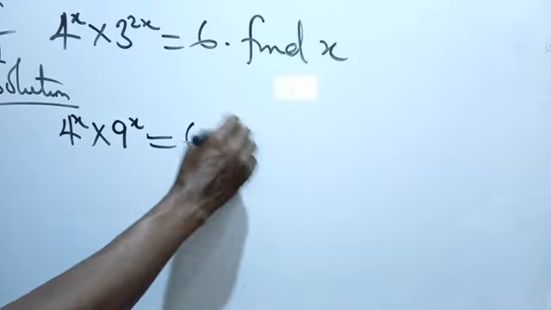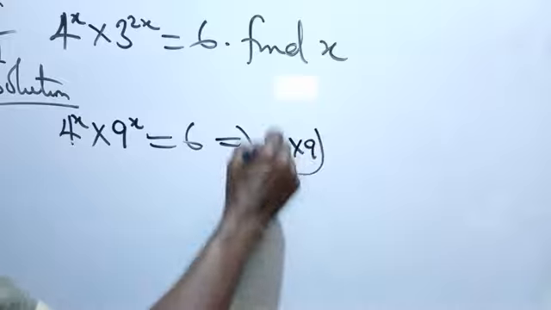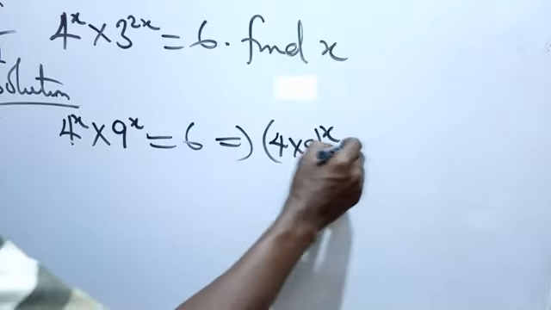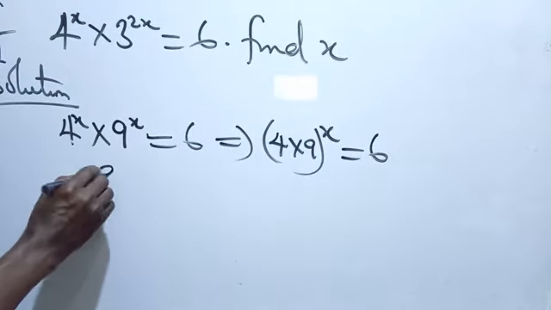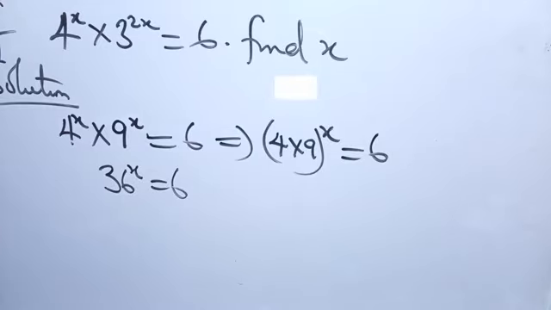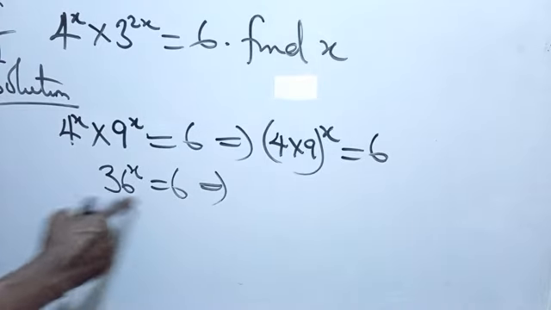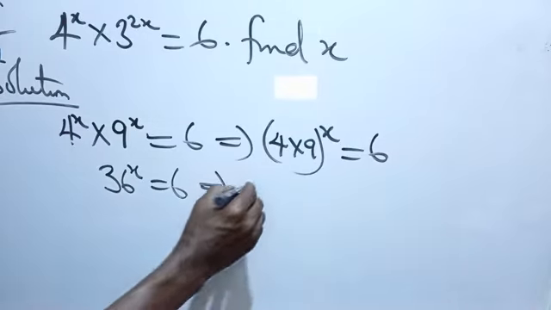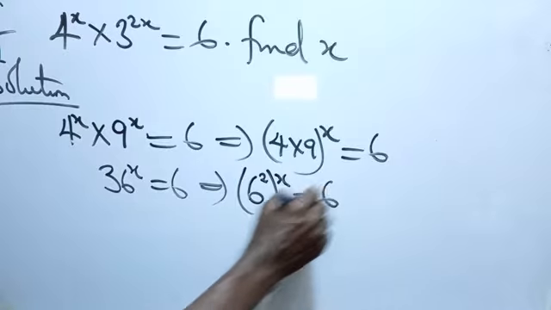This implies 4 times 9, raised to the power of x, equals 6. And what is 4 times 9? That's 36 raised to the power of x equals 6. Which implies you can now write 36 as 6 squared, so 6 raised to the power of 2, raised to the power x, equals 6.